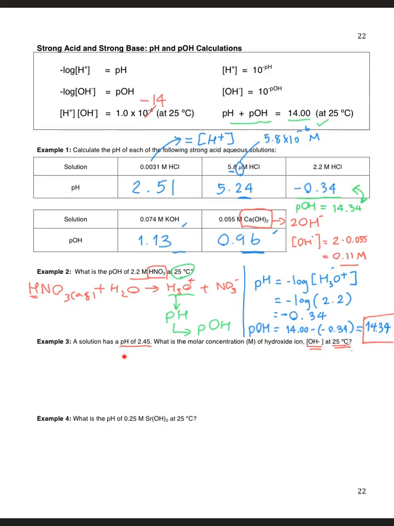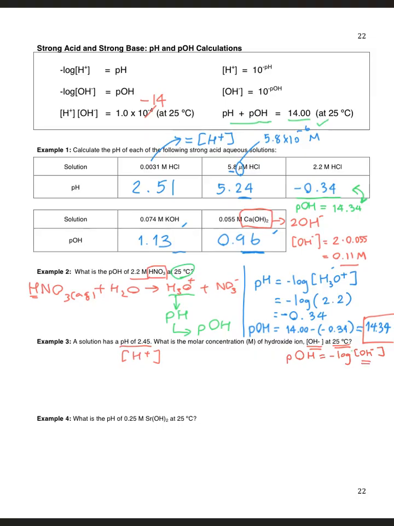Instead, pH is related to the hydronium ions or proton concentration. So we will not be able to use the pH value directly to calculate the OH. Instead, we need to relate pH to pOH, because the pOH is equal to negative log of hydroxide ions.